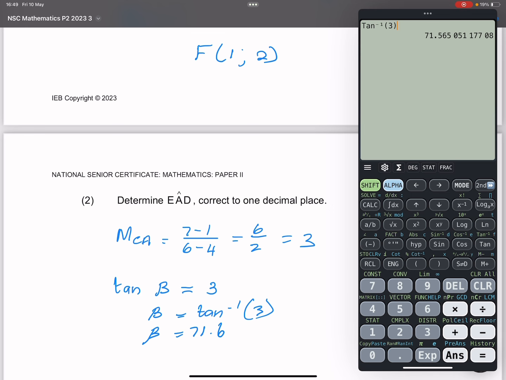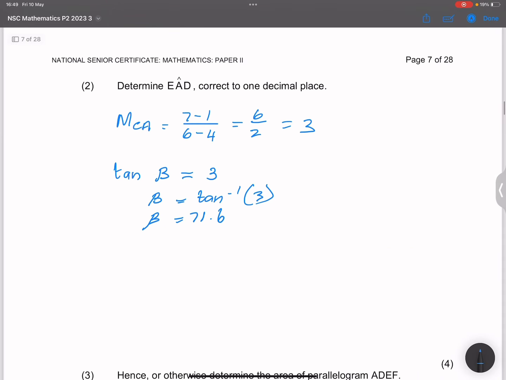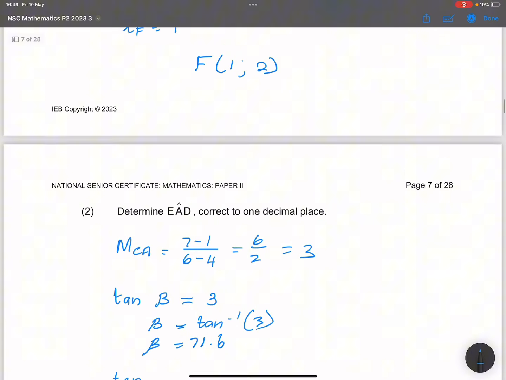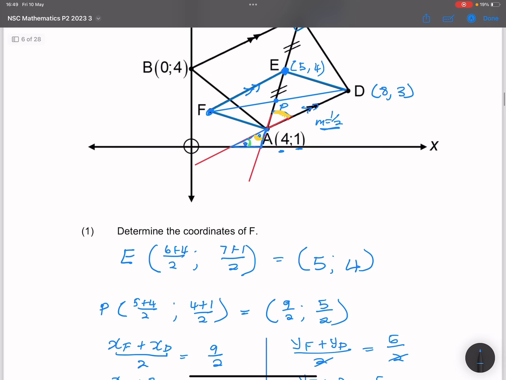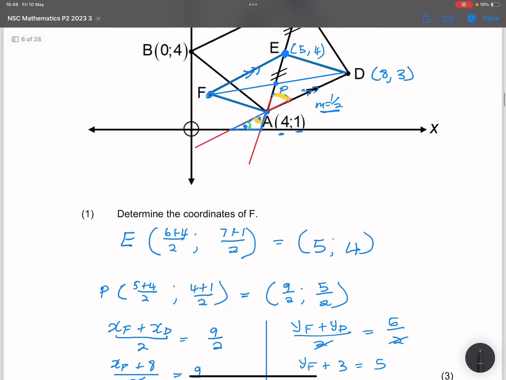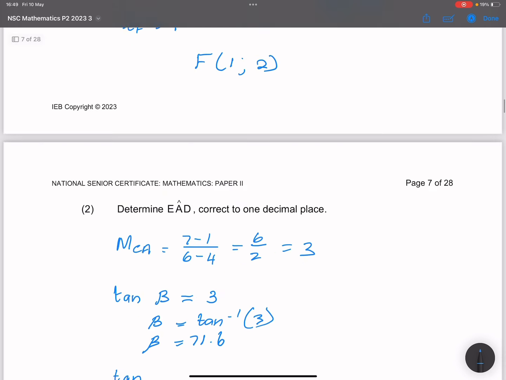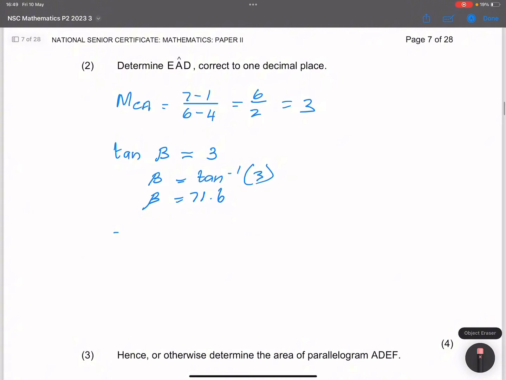And so what I'm going to do is now find the tan. Remember that line AD, we know the gradient is a half. So let's call the angle theta. It would be the arctan of the gradient of AD.